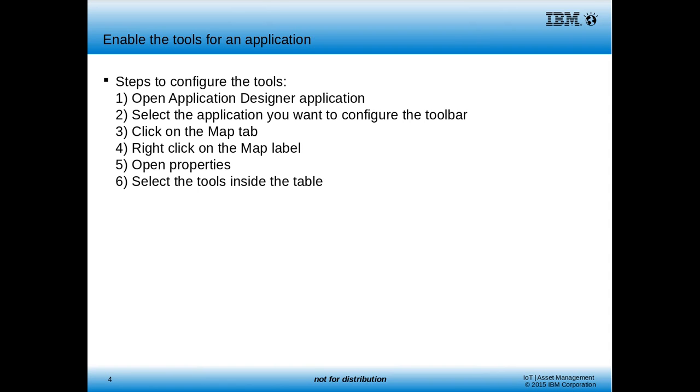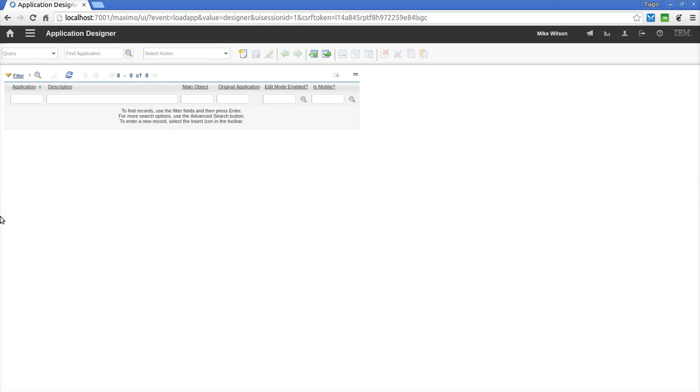Step number 3, you click on the map tab, right click on the map label, then open the properties, and then inside the properties dialog you can select the tools using a table we have included in Spatial 7.6. Okay, now I will jump to the live presentation to show you how to do that.